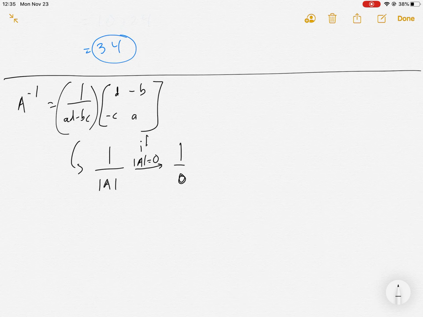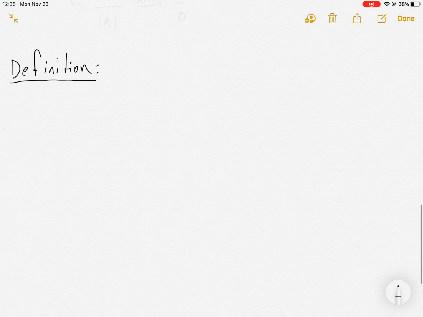And so this leads to a result on when an inverse exists. In the previous section, we talked about inverses, but I didn't discuss what happens if an inverse does not exist. We just assumed it always did.